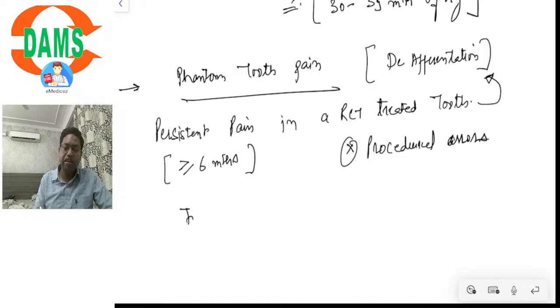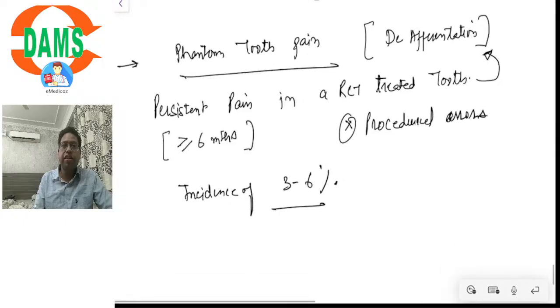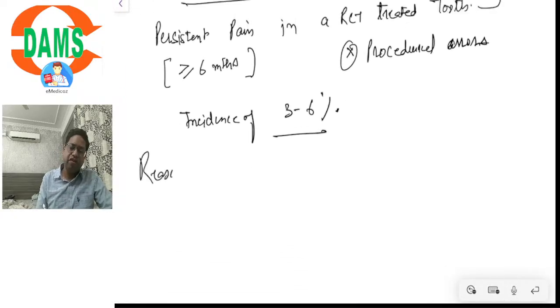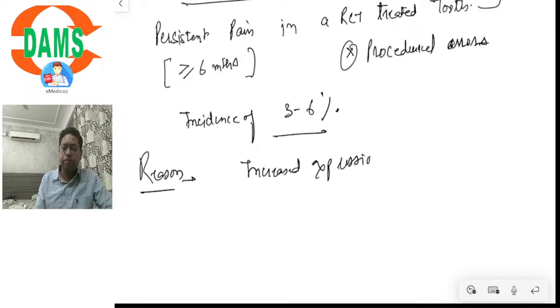It has an incidence of 3 to 6%. That is quite high. And what is the reason for this? It is increased expression of C-fos gene on pulpal nerve fibers.